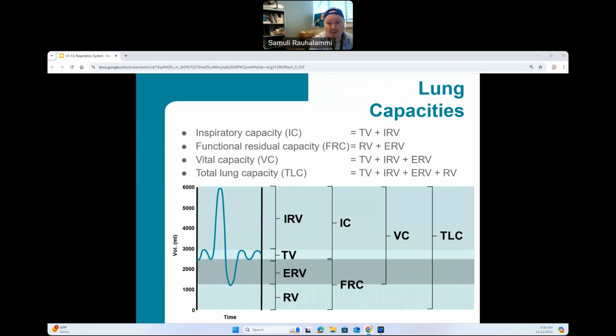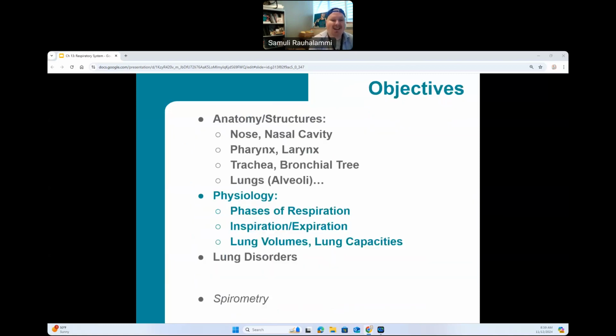We're also going to be able to calculate total lung capacity. This is calculated by adding together all of these measures: tidal volume, inspiratory reserve volume, expiratory reserve volume, and our residual volume. So lots of things that we can do in terms of measuring ventilation, and that's what we're going to be looking at in our lab later on today.